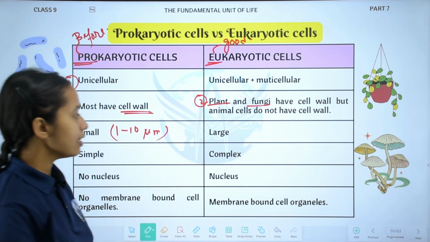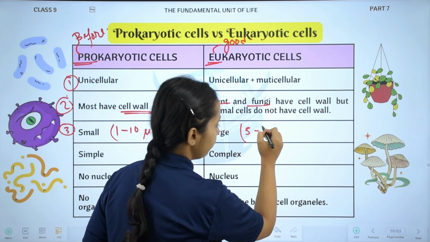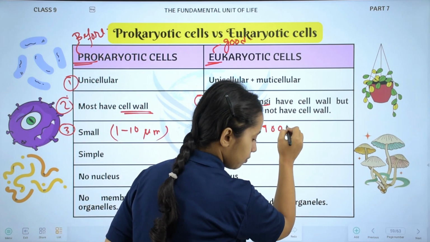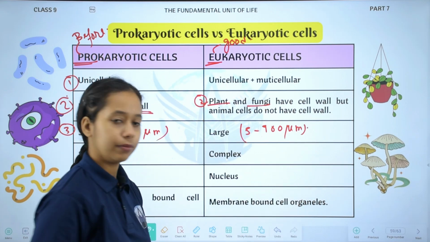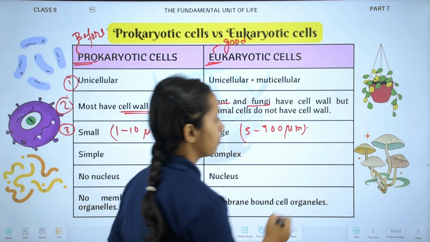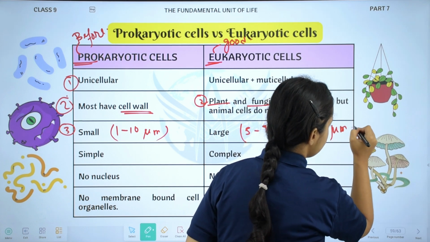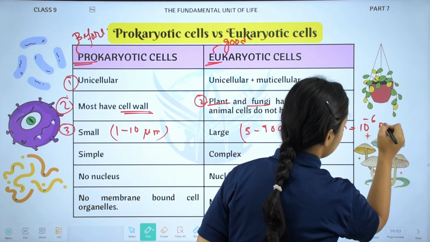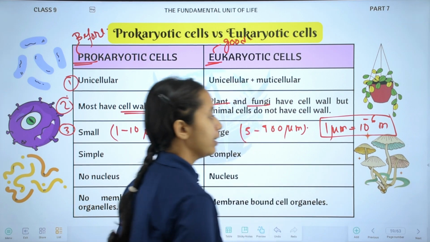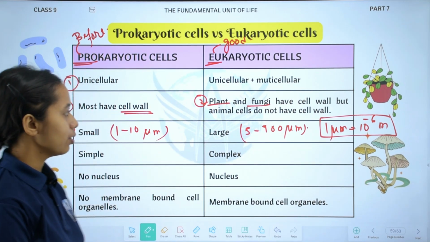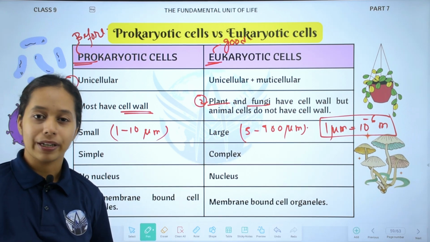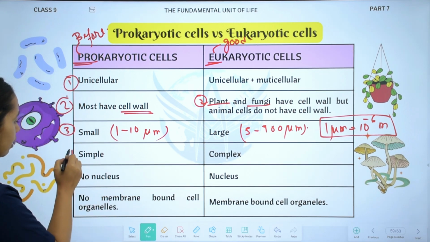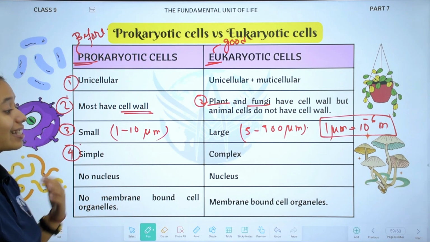And eukaryotic cells may be from 5 to 100 micrometer. And 1 micrometer is equal to 10 to the power minus 6 meter. So remember this as well. So prokaryotic cells are smaller, eukaryotic cells are larger as compared to prokaryotic cells. Number 4, prokaryotic cells are simple.